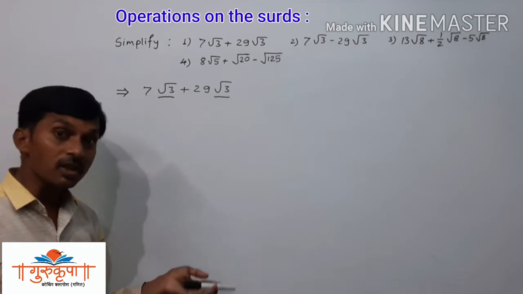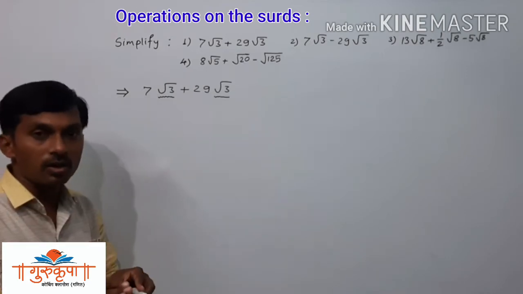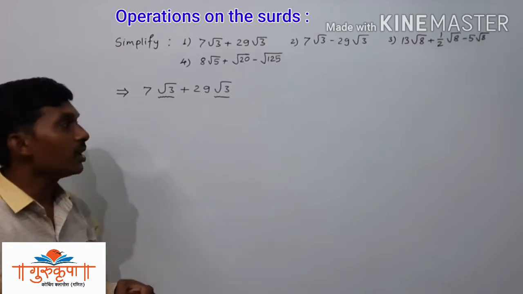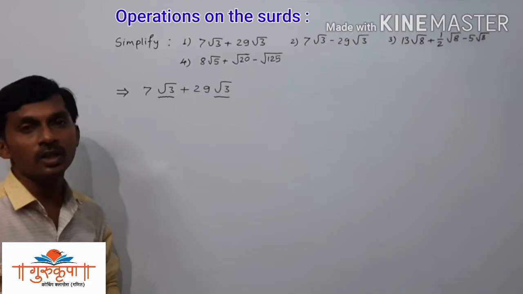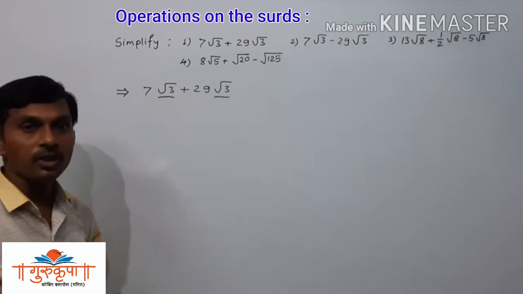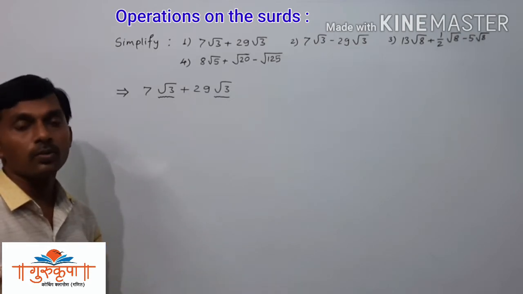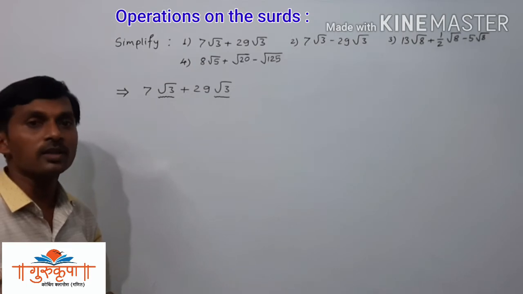If the given surds are not the like surds or are not the similar surds, then we are unable to take the addition and subtraction of the surds. Now yesterday we studied how to determine the similar surds or like surds.